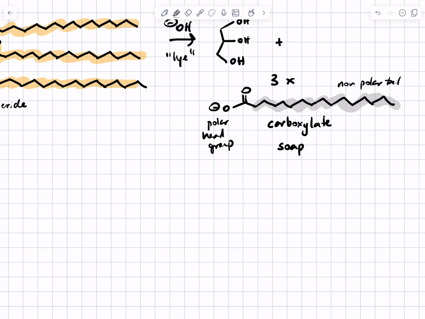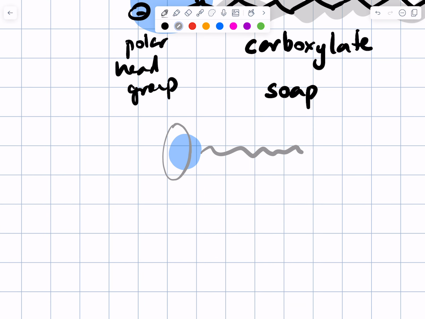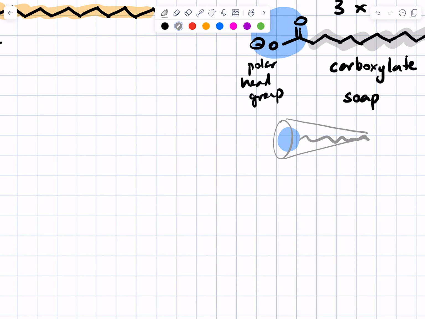The polar head group, however, by virtue of its polar oxygens and the fact that it's negatively charged, can hydrogen bond with water, and so you end up with what is called a micelle. We could abbreviate this soap molecule like this. It has a conical shape, wider at the top and then tapering towards the end.